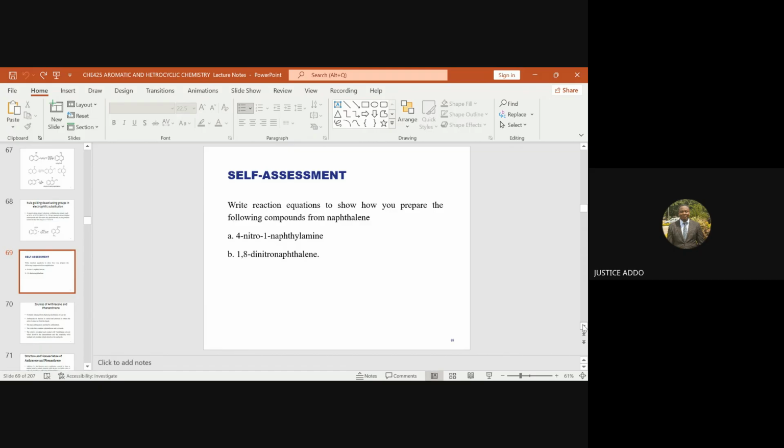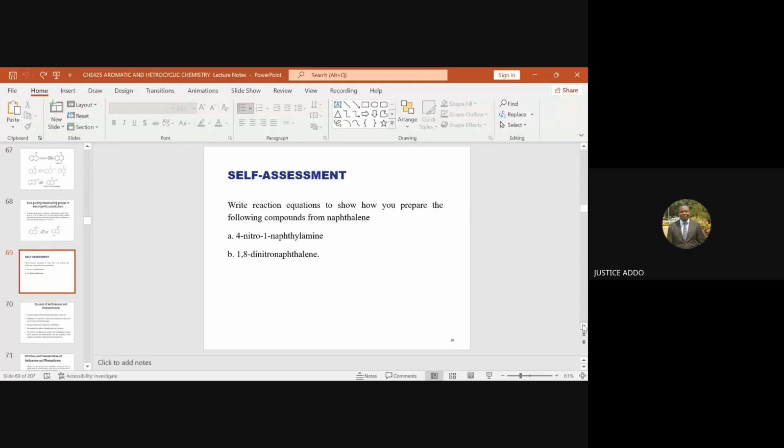First of all, I'll do nitration. Nitration, that is nitric acid and sulfuric acid, will introduce NO2 to position 1. Now, when you get that one, you need to reduce the nitro group to NH2, an amino group. And here you can use tin and HCl, or you can use ammonium sulfide in alkaline medium.